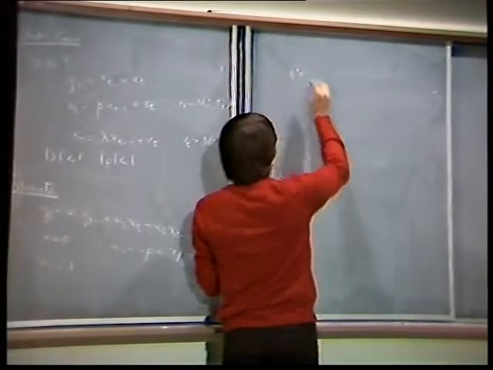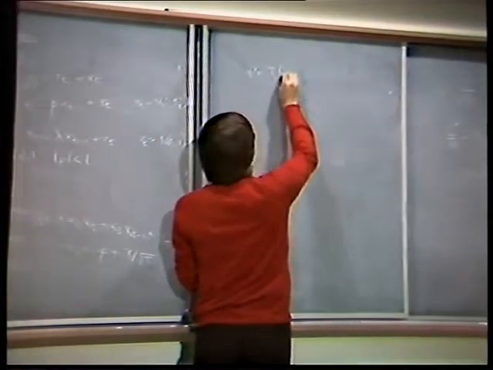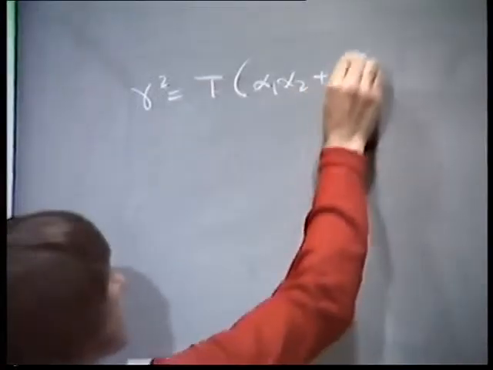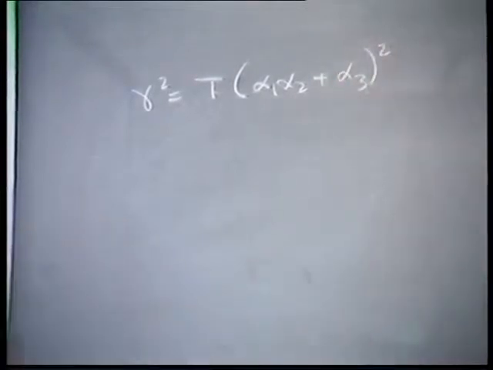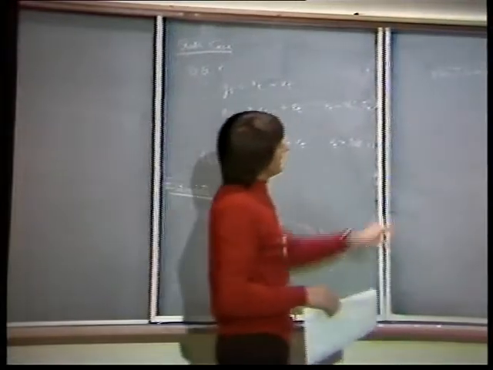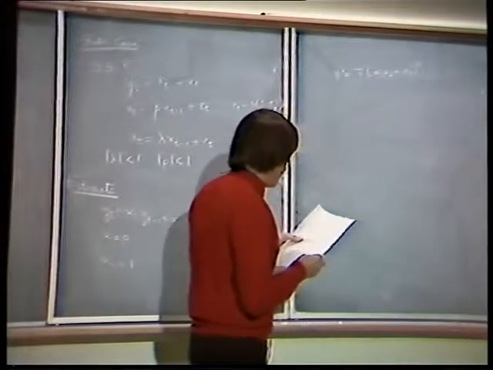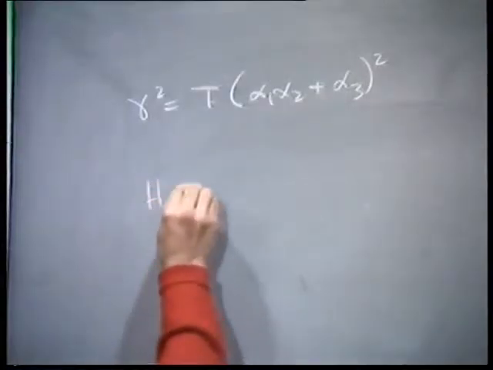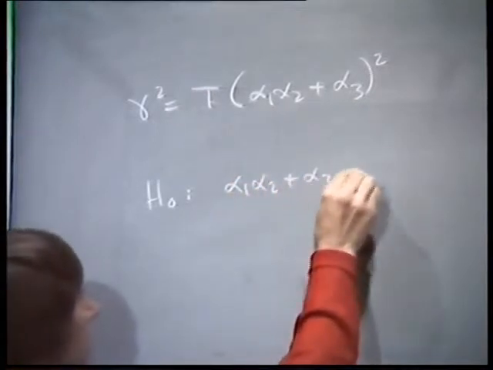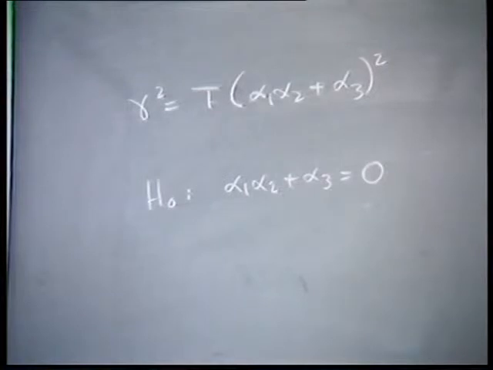That implies gamma squared is T into alpha 1, alpha 2 plus alpha 3 squared. And the autoregressive restriction that we're wanting to test, or the test for a common factor, is precisely the hypothesis H0 that alpha 1, alpha 2 plus alpha 3 is equal to 0.